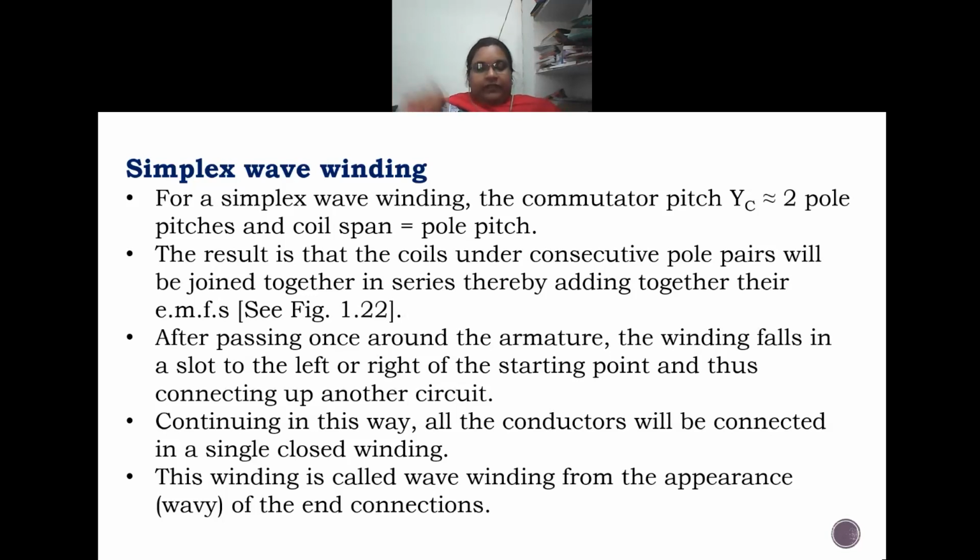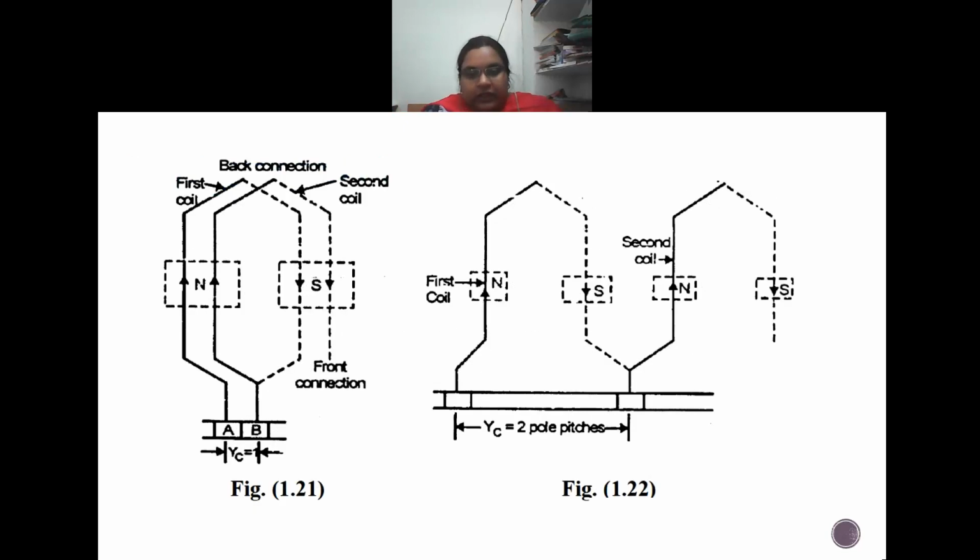Once you are going around the armature, the end of this wave will be connected to either left or right of the starting point. Like here, if you can see, this is the starting point, right?